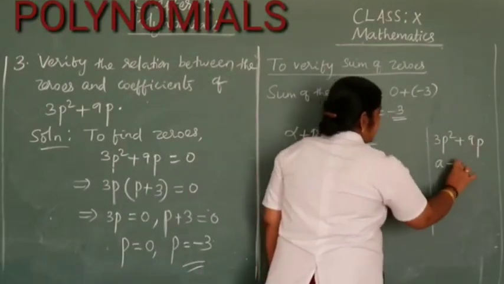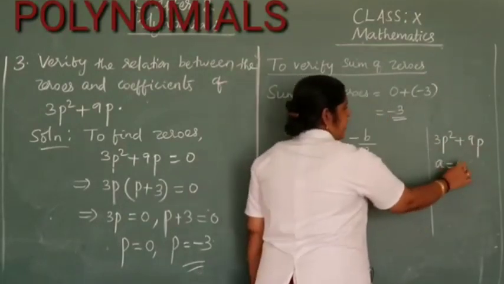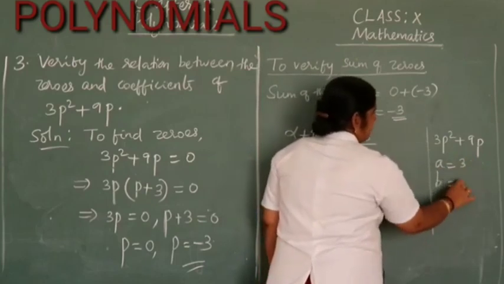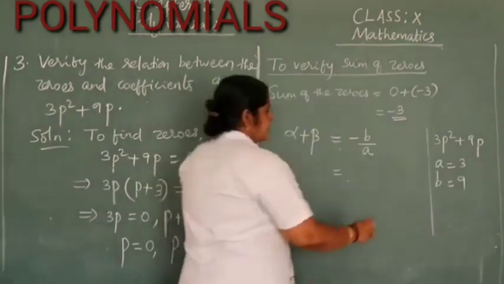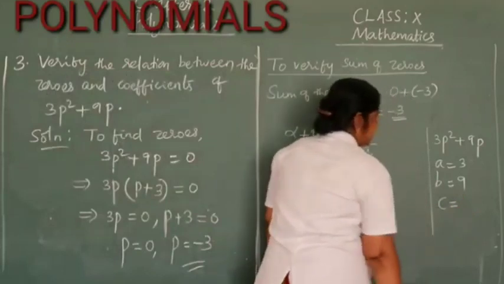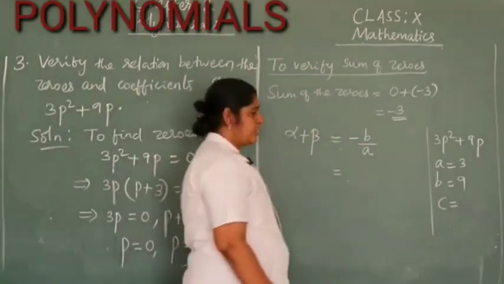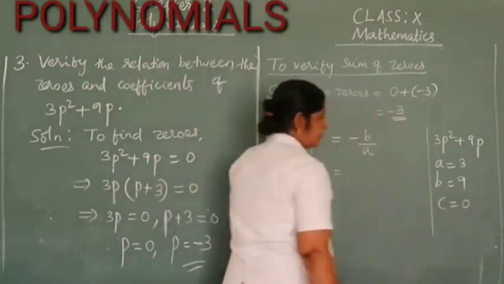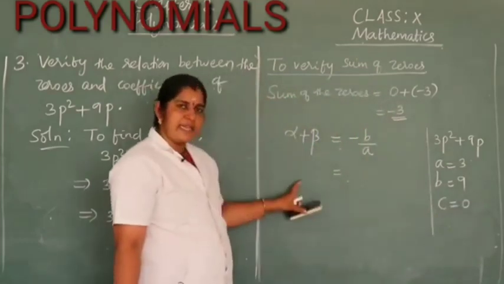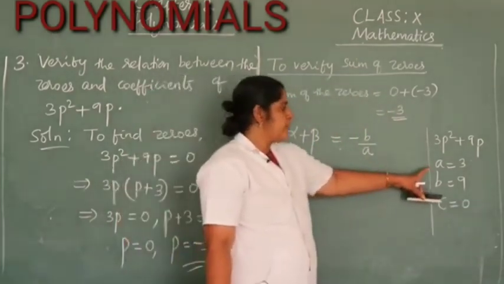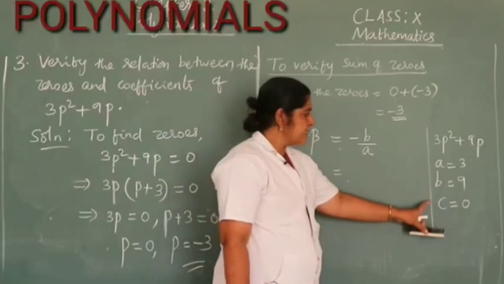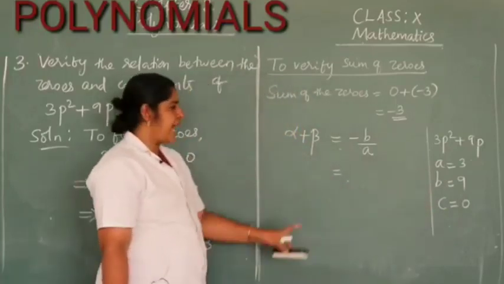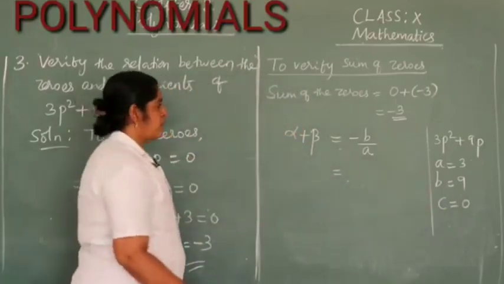So what is a here? The coefficient of p square, 3. B is the coefficient of p, that is 9. The constant term is absent, so c is equal to 0.